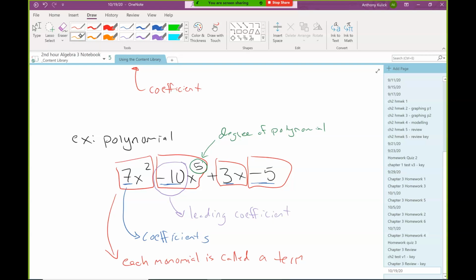And then there's one more special term. It is this guy. This is the constant term. The term with no variable is the constant term.